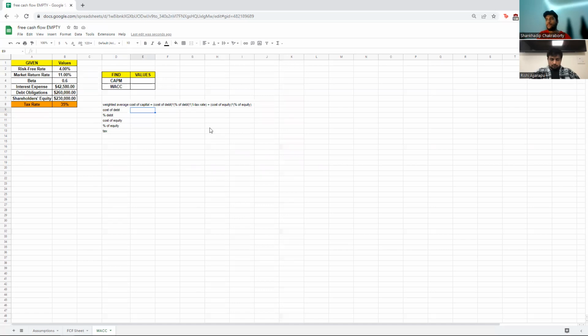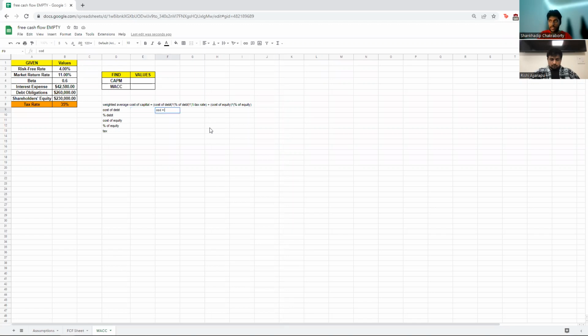All right. So for cost of debt, there are a couple different ways to find it. You can find the yield to maturity of a 10-year bond, or not a treasury, but a 10-year bond that is closely related to the maturity of your assets. But what we're going to do is much simpler.